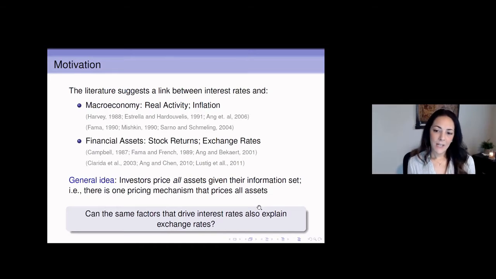So let me give you a preview of what we already know about the importance of interest rates in determining things about the macroeconomy and other financial assets. First of all, we have understood that there is a relationship between interest rates and the macroeconomy.